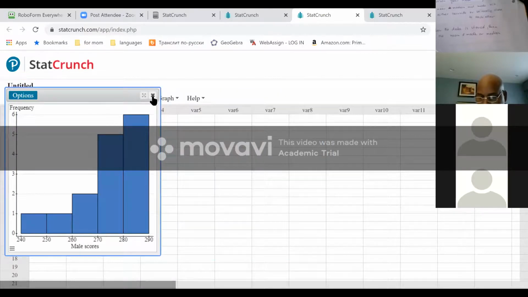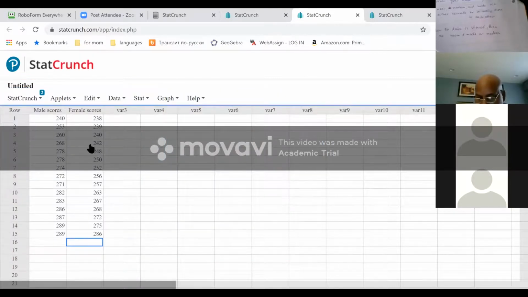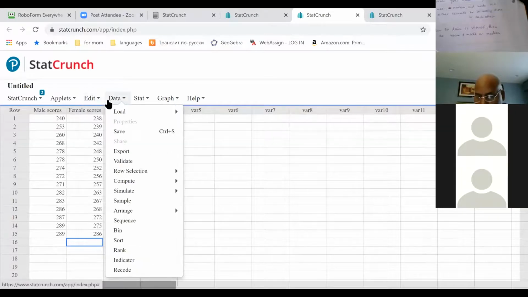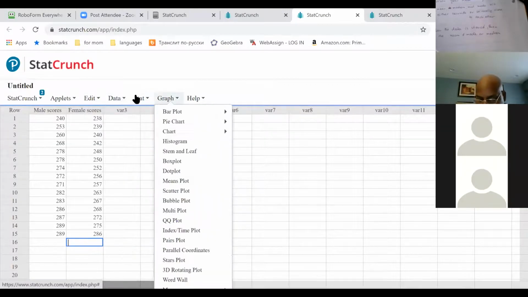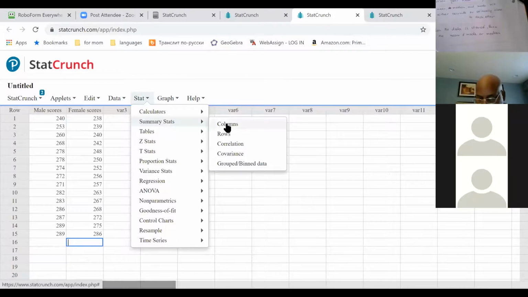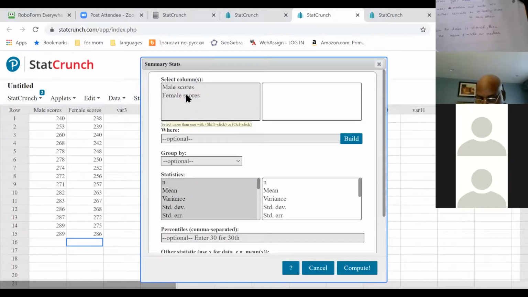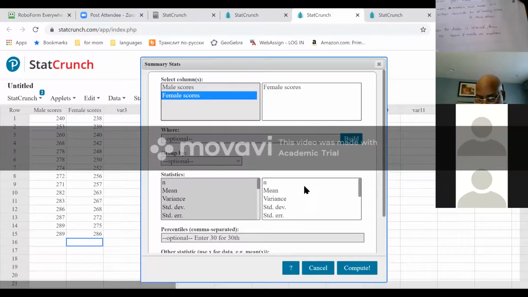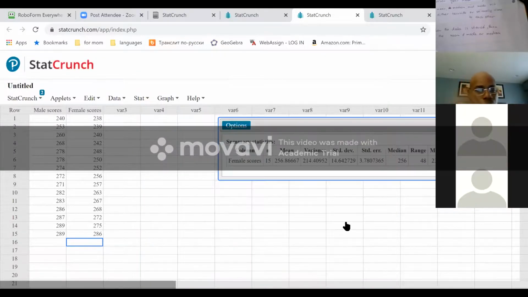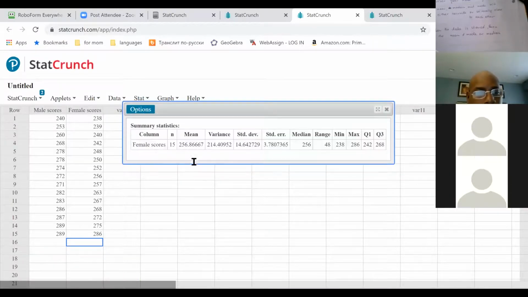So for the female scores, let's calculate. We go to stats, summary, columns, and I'm going to select the female scores. I'm not going to change any defaults, just go to compute. The mean is 256.9 if we round it correctly.